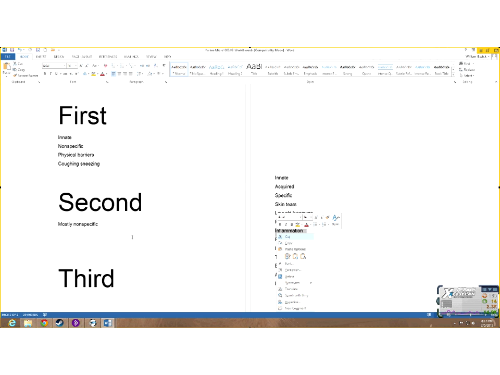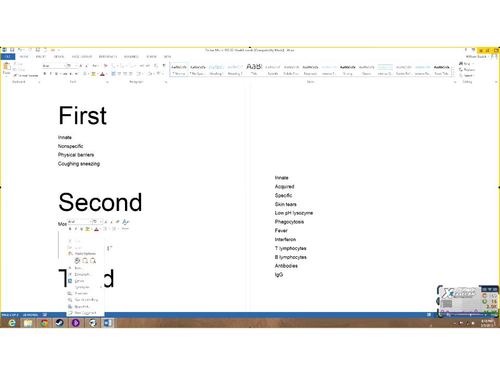Inflammation. Yes, it is fever. You got it right.